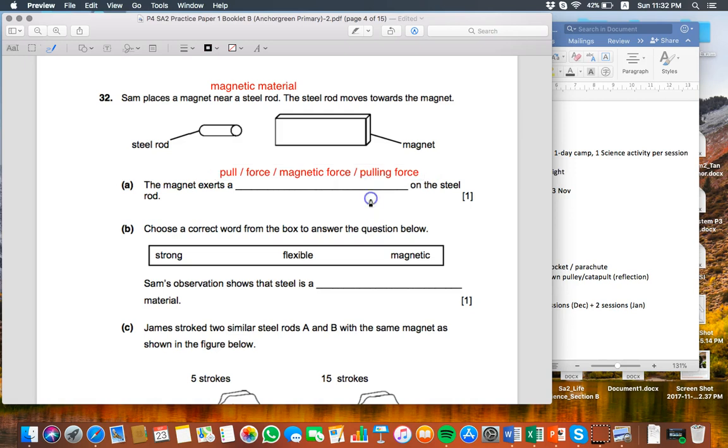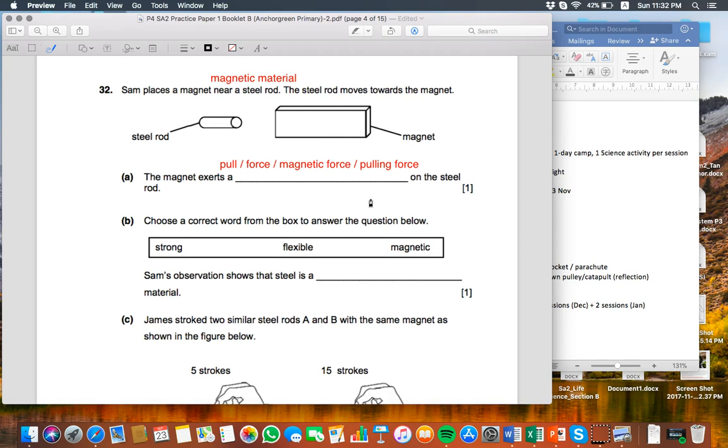So any one of these answers. So in this case, the direction of the steel rod towards the magnet is this arrow here. It's indicated by this arrow.